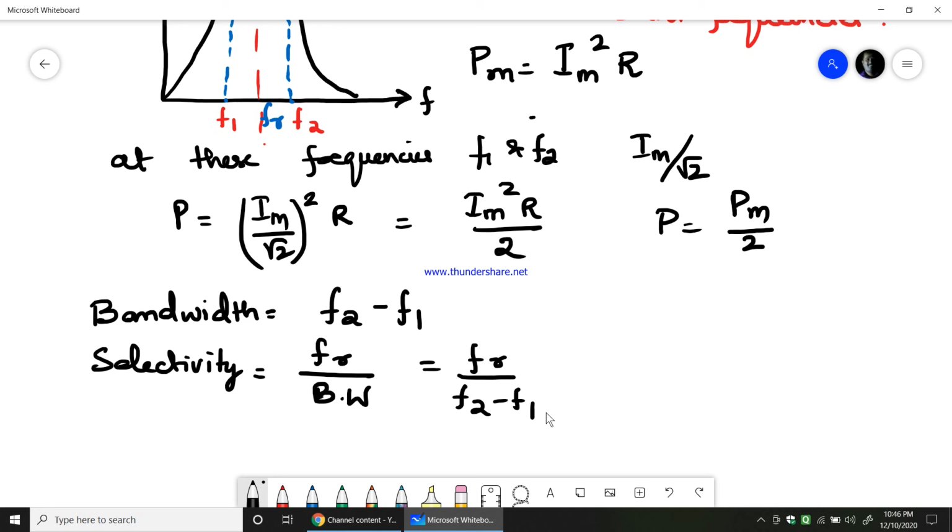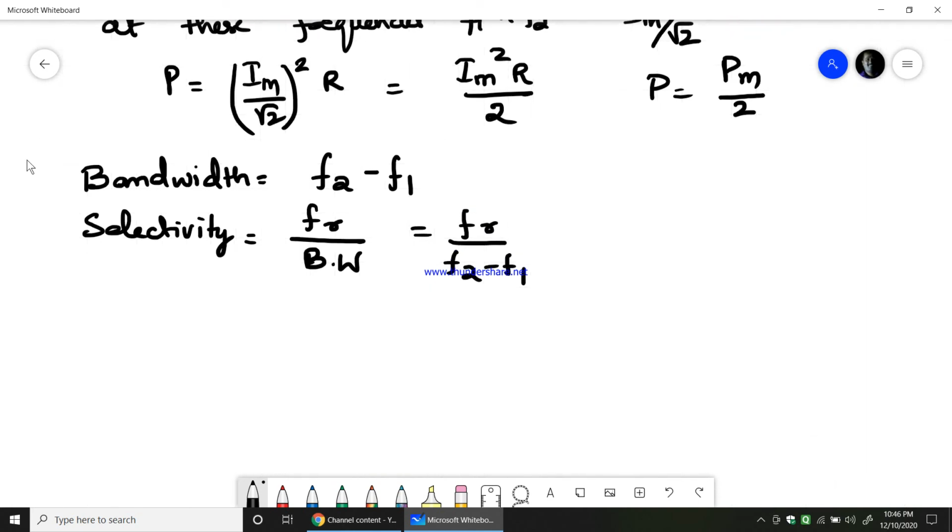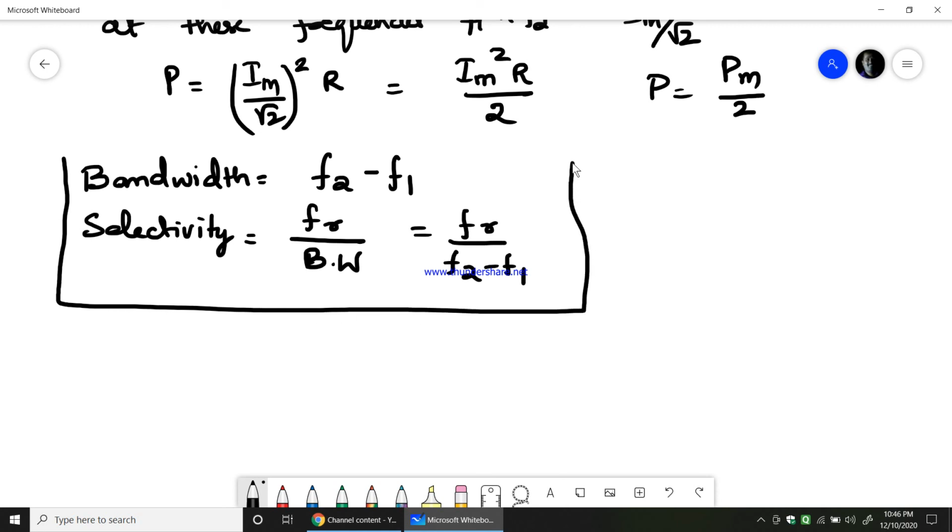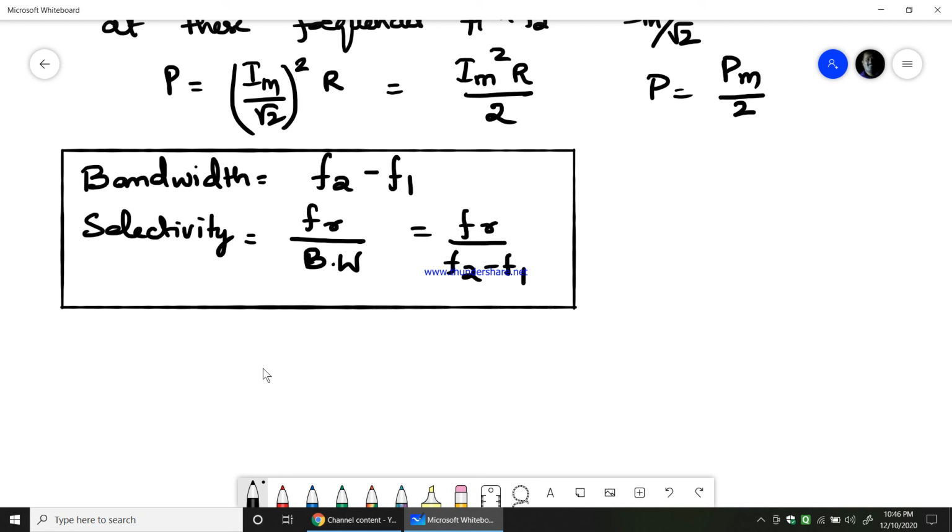All these things we normally come across with this particular resonant circuit. Anyway, the formulas that we use are these. This is very important. You all need to remember if you are solving any problem regarding resonance.